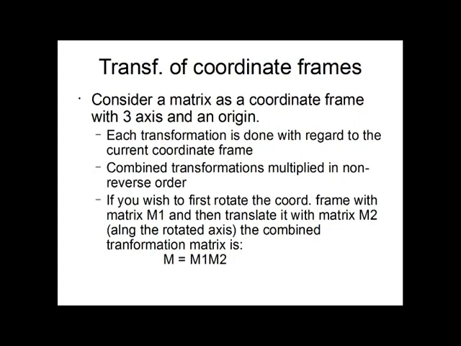Because multiplying the rotation first and the translation second will give us a transformation matrix which, if we're imagining that we're transforming points, will look like the point was rotated first and then translated.